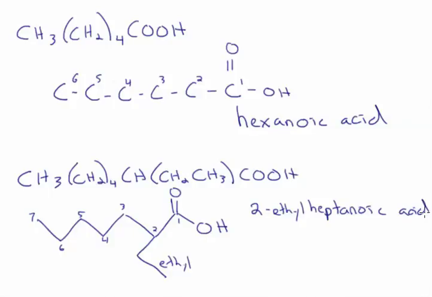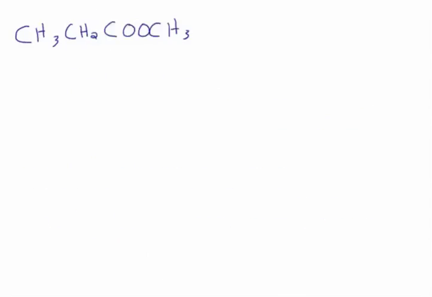Let's look at esters. You can recognize an ester in its condensed formula because it's going to have COOC, because it's going to have the carboxyl group, but instead of the hydrogen, it's going to be bonded to another carbon. And we can expand this out. 3 carbons, and then we have our carboxyl, and then this one has 1 more carbon.